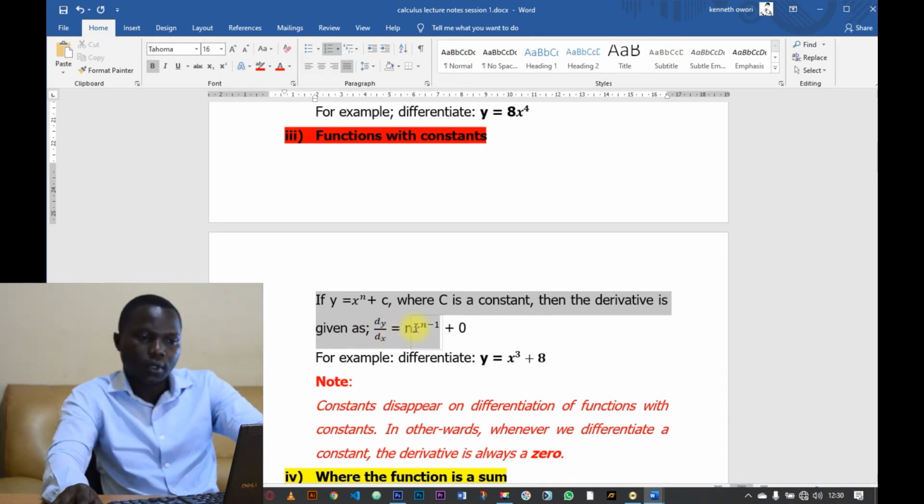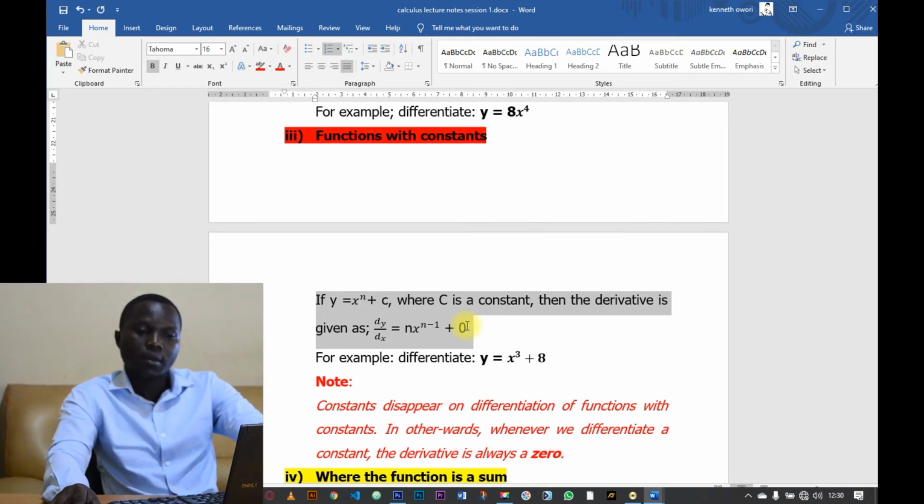When we differentiate x power n, we get nx power n minus 1, from the first rule we've looked at. And then plus a 0, meaning if we differentiate the c, which is a constant, we get a 0.